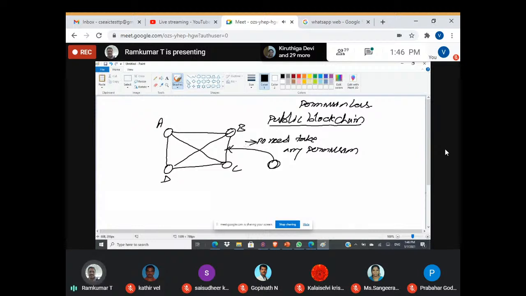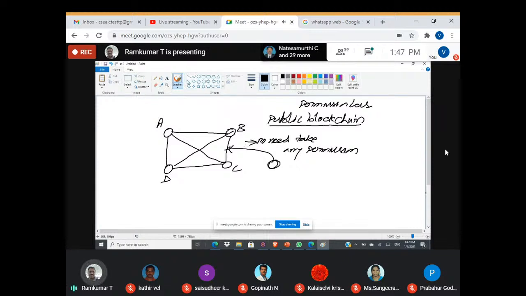We know that this is a decentralized application. Because of that reason we call it a public blockchain network. So it is permissionless.